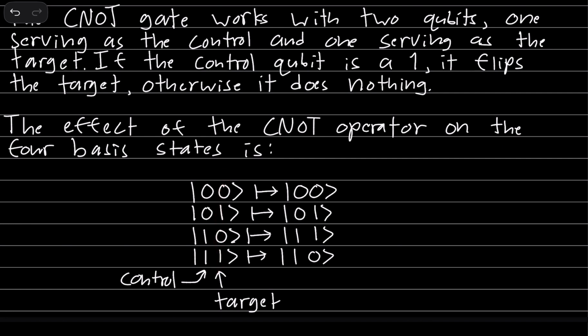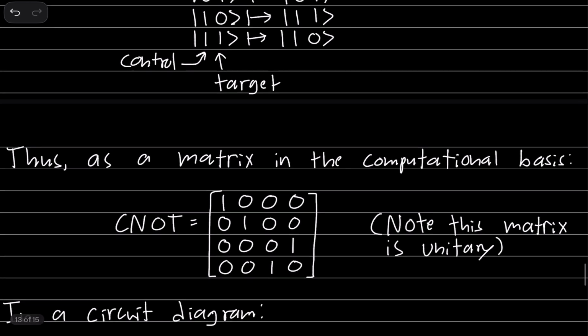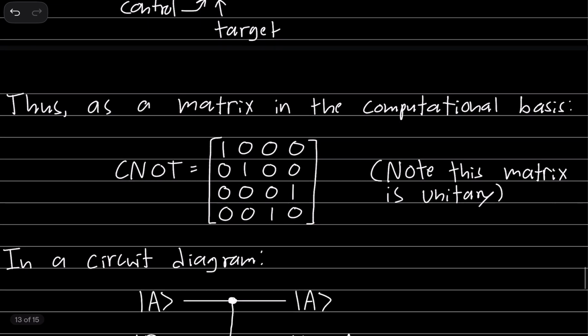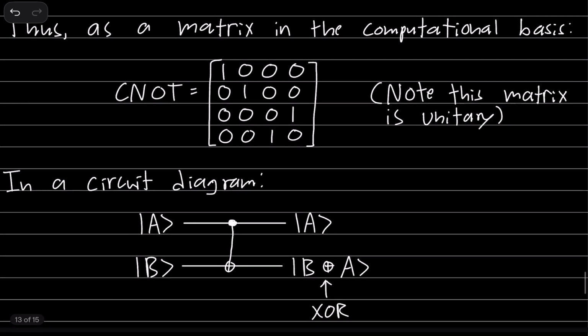If we have zeros here, nothing happens to the state, because our control is 0. Otherwise, if we have a 1 as the control, then it'll flip the second bit, which is what we see there. And then the effects of that gate can be represented as this matrix here. And since this is a quantum gate, it is also unitary.